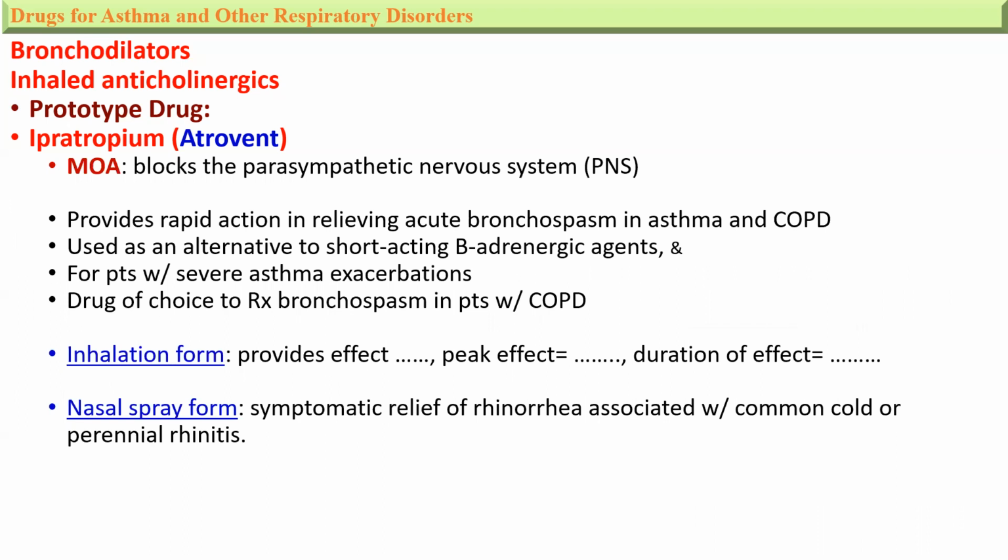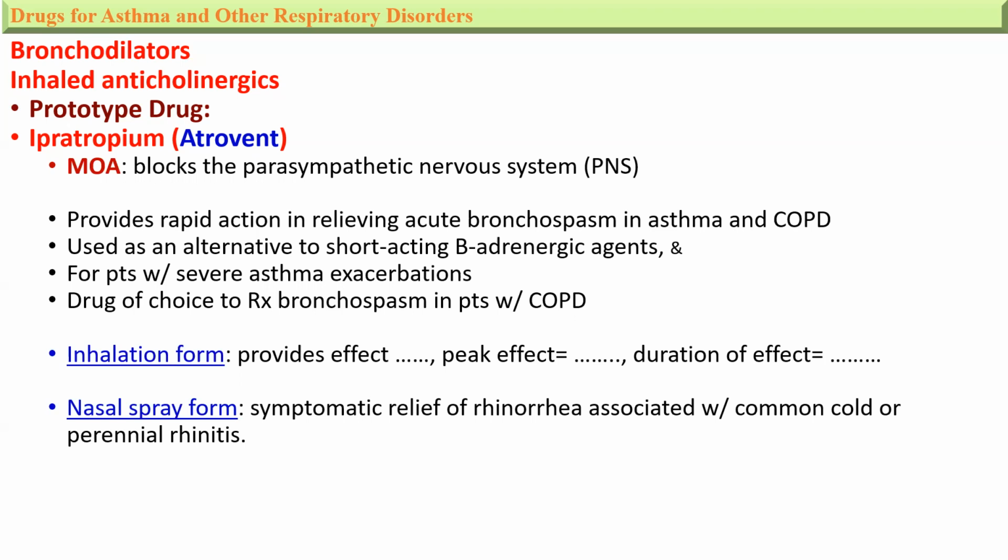Its actions are similar to those of beta adrenergic agonists.